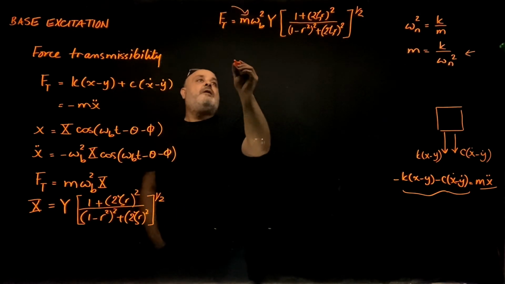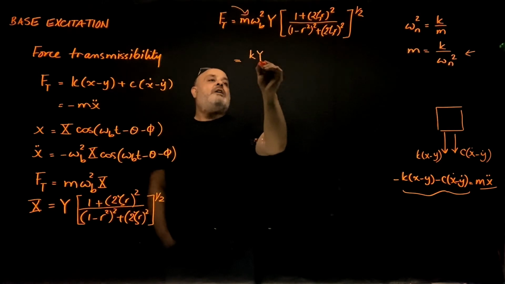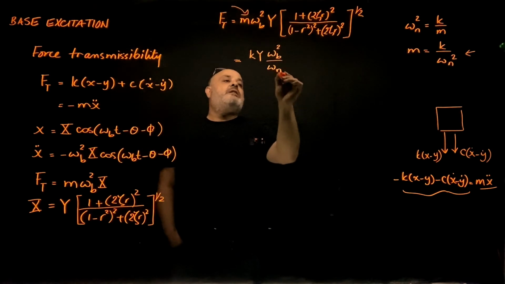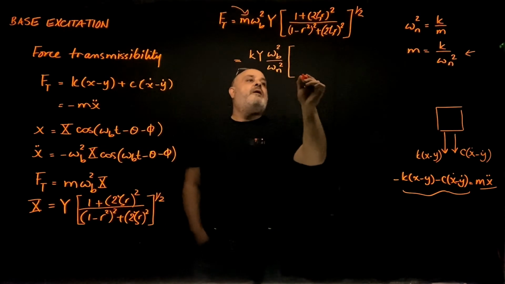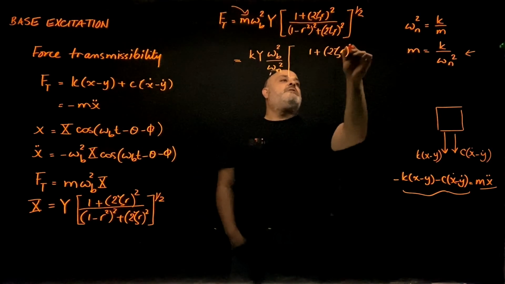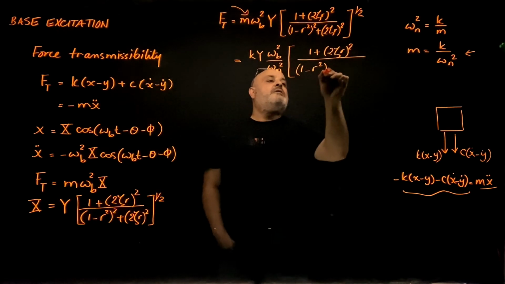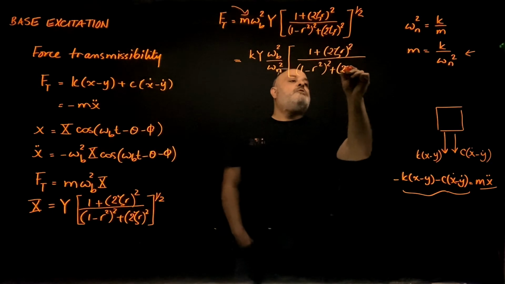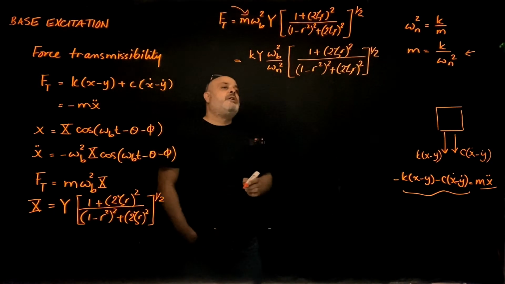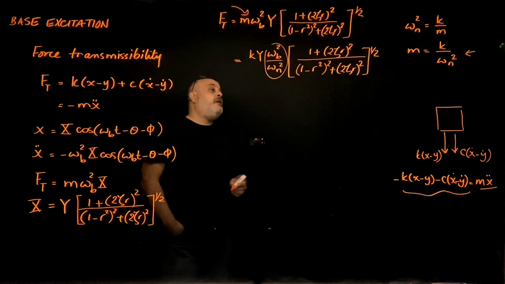I would have k Y omega b squared divided by omega n squared times the square root of (1 plus (2 zeta r) squared) over ((1 minus r squared) all squared plus (2 zeta r) all squared), and omega b divided by omega n is r.